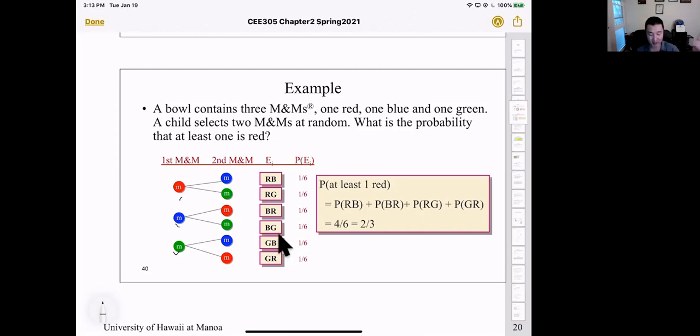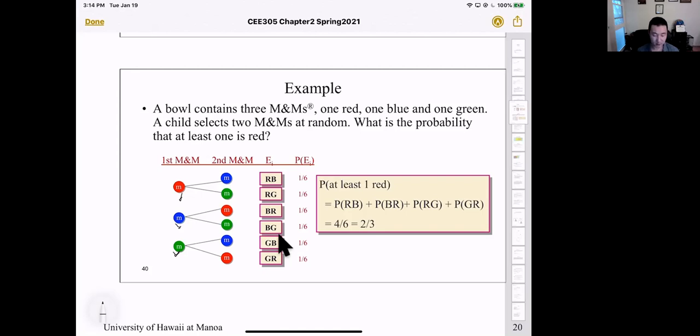For the second pick, if the first pick is red, we have blue and green remaining, so the second M&M can only be blue or green, not red anymore. Same thing for when the first pick is blue or green.